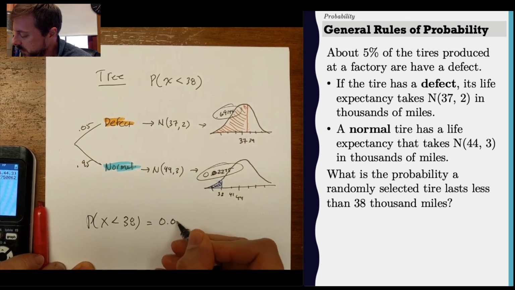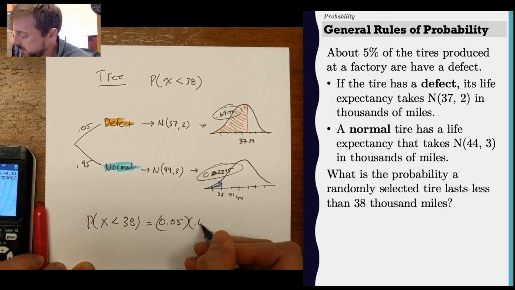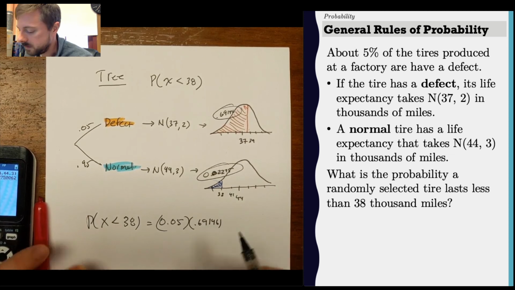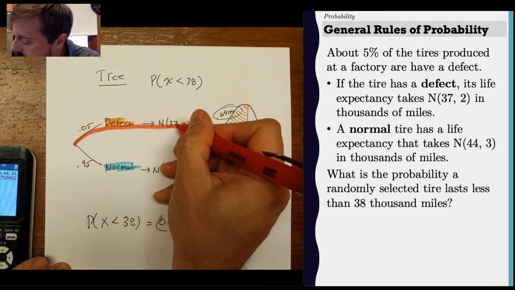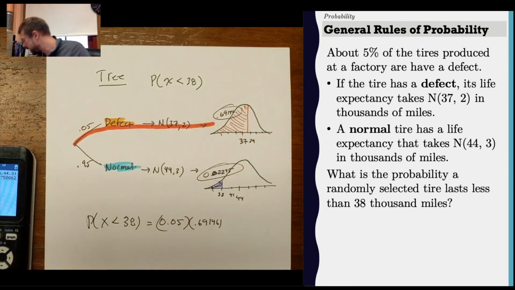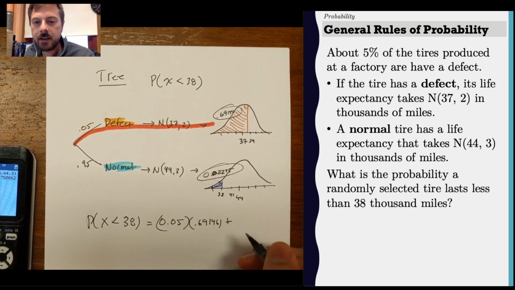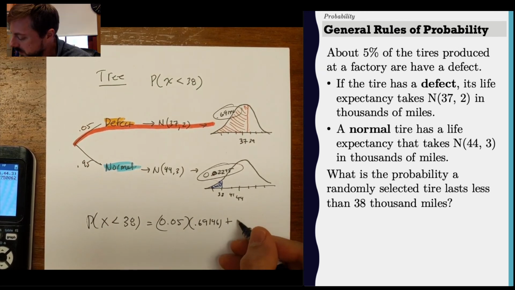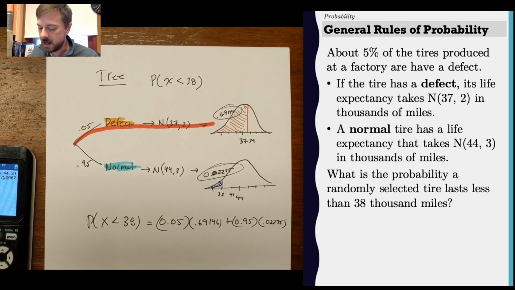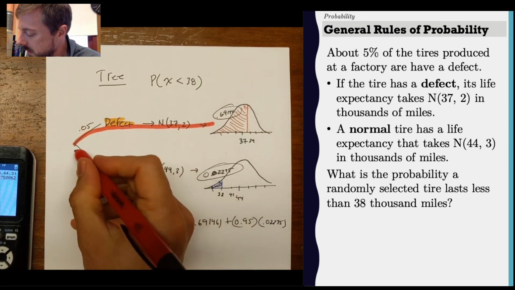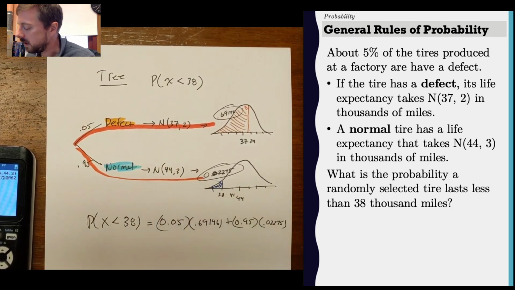That'll be 0.05 times 0.69146. That was this first path to that event happening. And then similarly, I can add to that the second path. The second path was 0.95 normal tire times 0.02275. And that's that second path towards having a tire less than 38,000 miles.